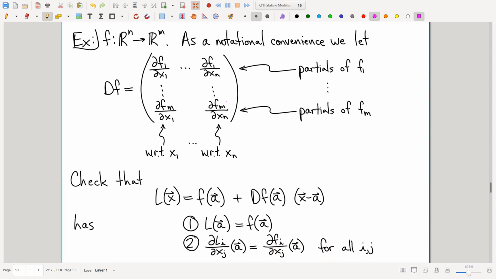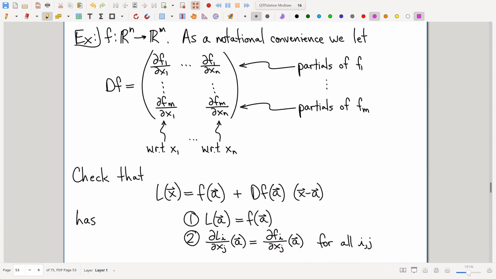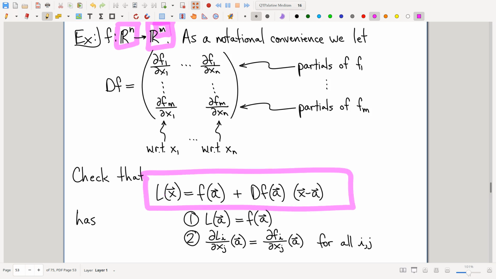And here it is. If you have a multivariable vector valued function, and you want to write the linear approximation, in other words, the first order polynomial that has the same value and all of the same partials.